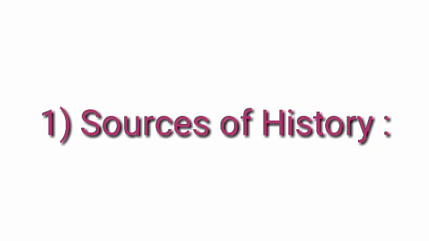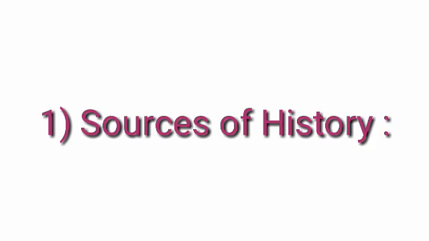All these are known as the sources of history. These sources are divided in 3 types. First one is material sources, second written sources, and third oral sources.